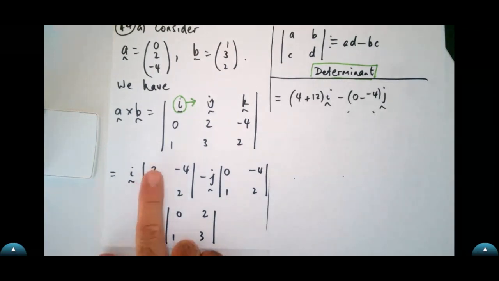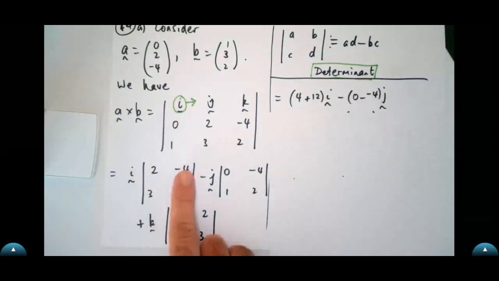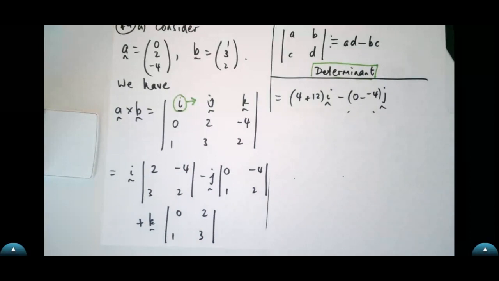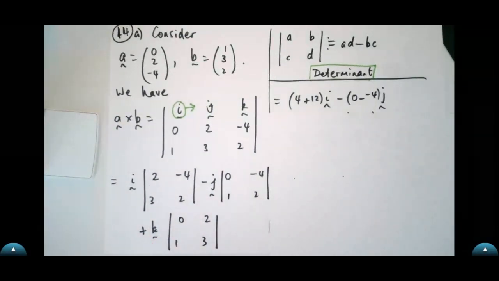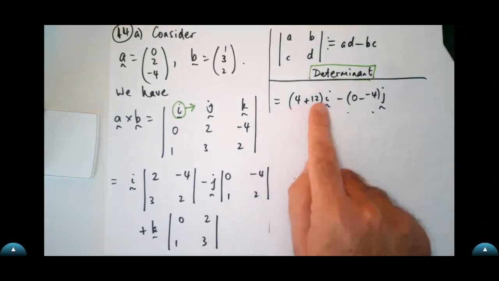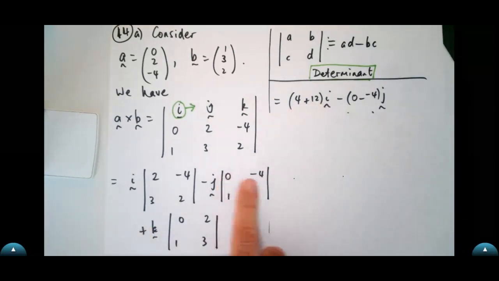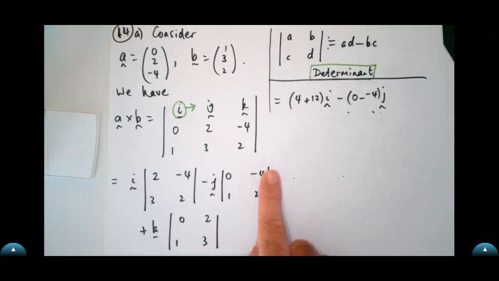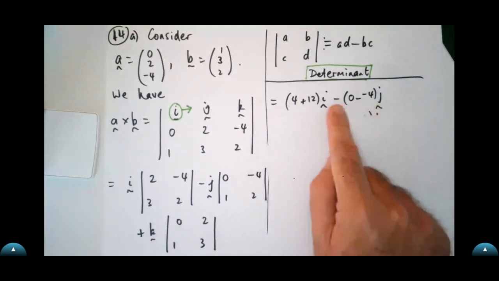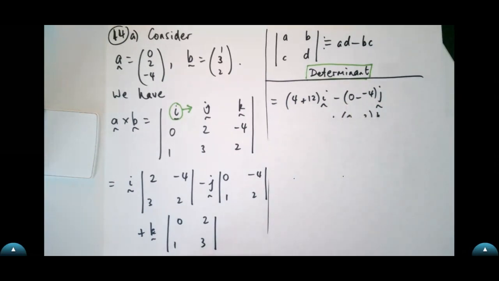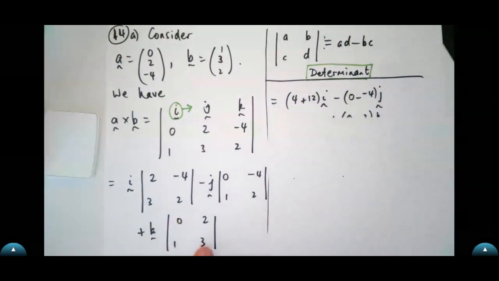So the first one is going to be 4 minus negative 12. So it's 4 plus 12 times I. This one's going to be 0 minus negative 4. So that's going to become a plus 4 and you get a negative. Lastly, 0 minus 2 times 1.